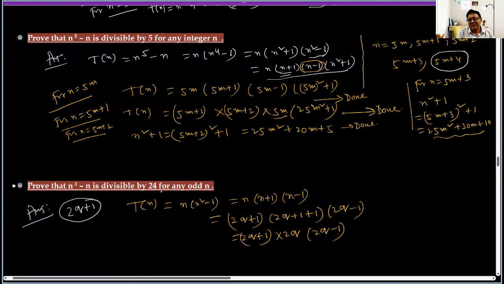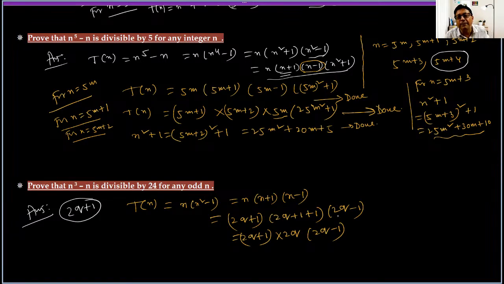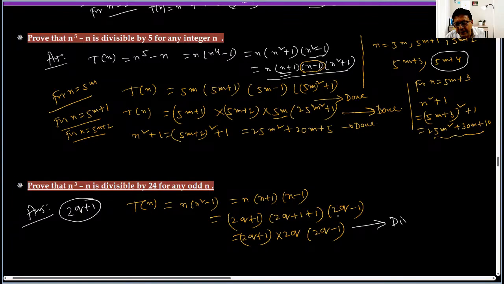But now what have I got? 2q plus 1, 2q, 2q minus 1. They are all consecutive integers, isn't it? 2q minus 1 first, then 2q, 2q plus 1. So according to the sum we have already completed, this product is divisible by 3 into 2.